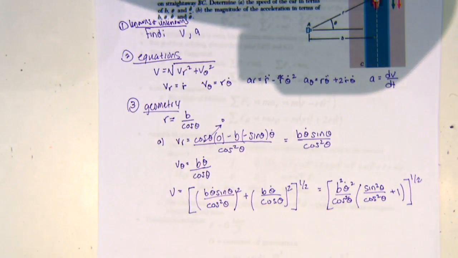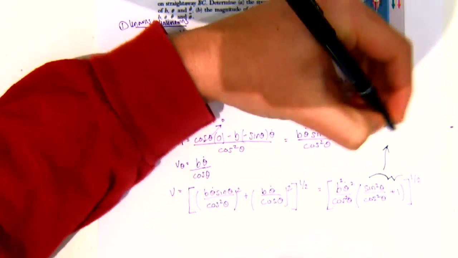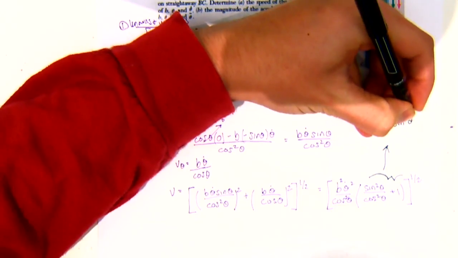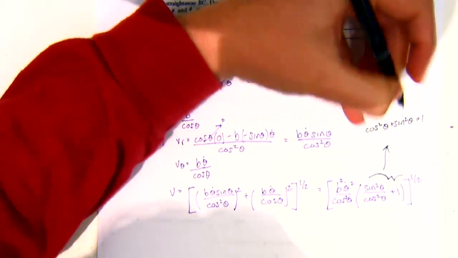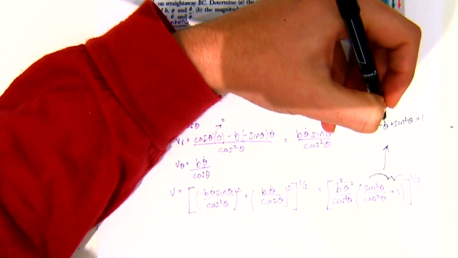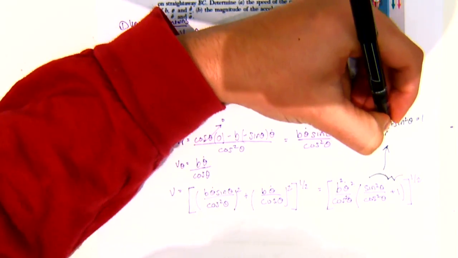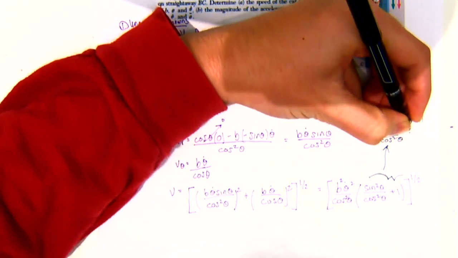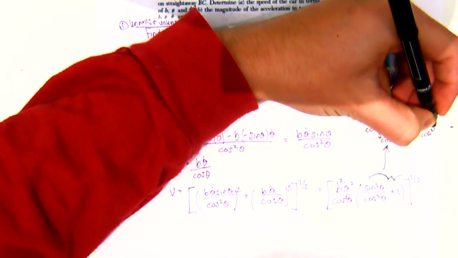And so this looks really horrible, but this expression here should look familiar. We know that cosine squared theta plus sine squared theta is equal to 1. If I divide everything by cosine squared, I get sine squared theta over cosine squared theta plus 1 is equal to 1 over cosine squared theta.